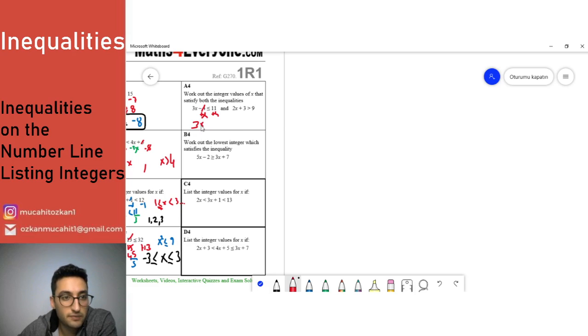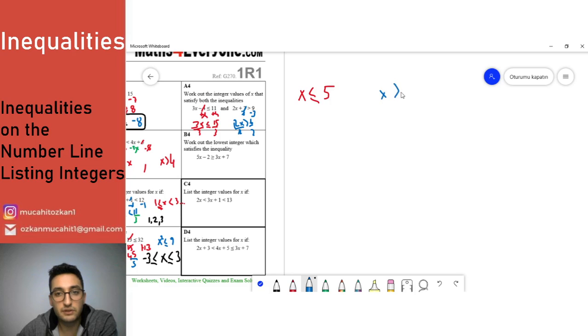We have 3x less than or equal to 11 plus 4, which is 15. And if you divide both sides by 3, then the first one is x is less than or equal to 15 divided by 3, which is 5. Okay, this is the first one. In the second one, I need to subtract 3 from both sides, then 2x is greater than 6, and if you divide both sides by 2, then x is greater than 3.